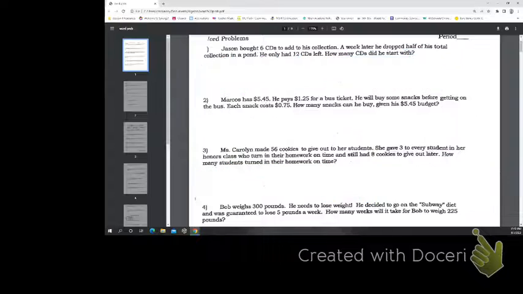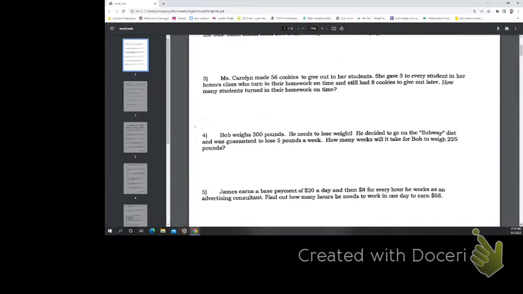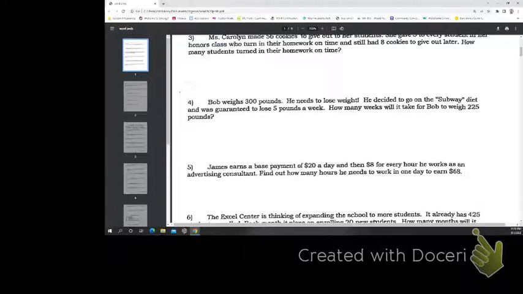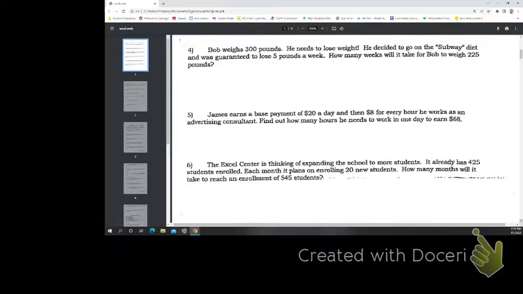So next we have Bob, and we want to know how many weeks Bob needs to be on the Subway diet. So my variable is going to be the number of weeks that he needs to be on the diet.